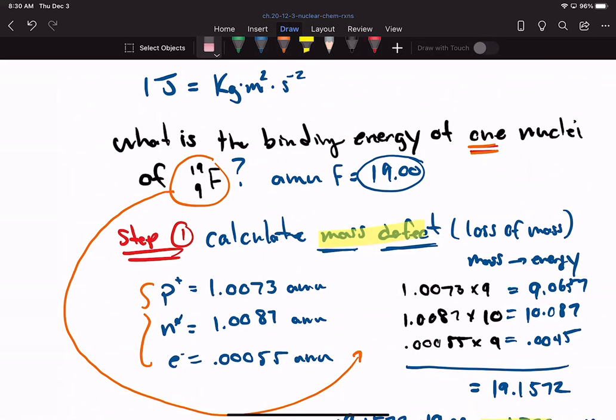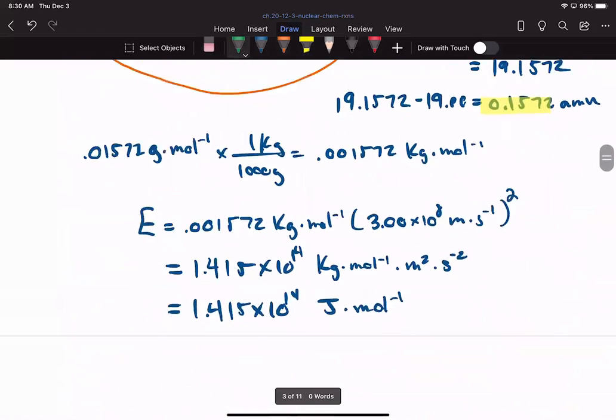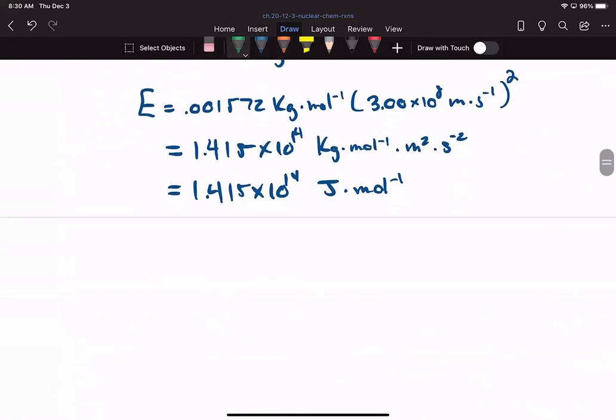Any ideas on how we can get rid of moles here? What can we use? Could we possibly use, what is it, molar mass or no?